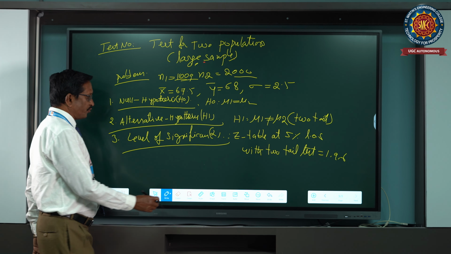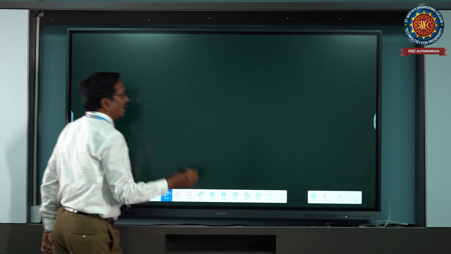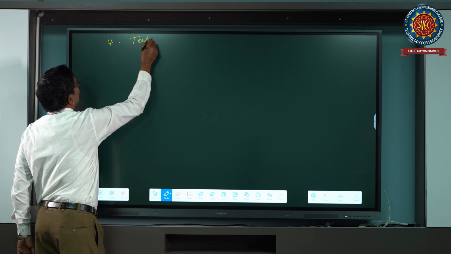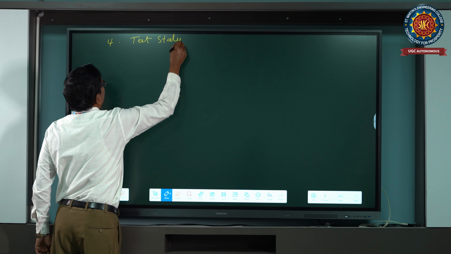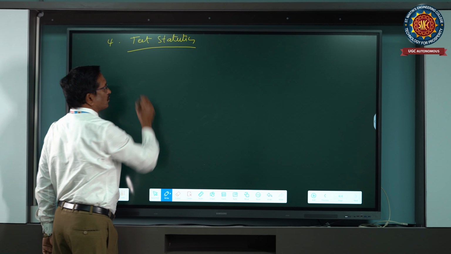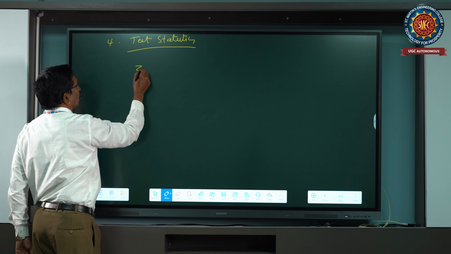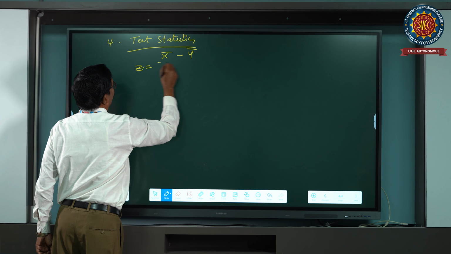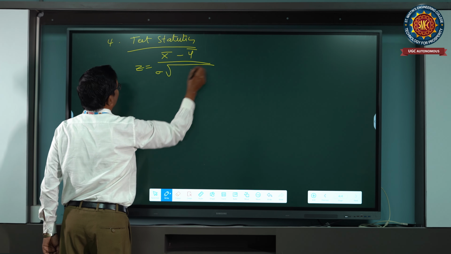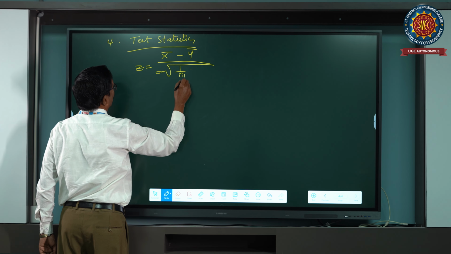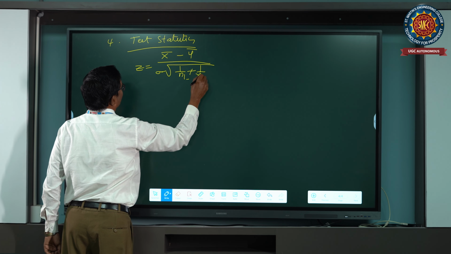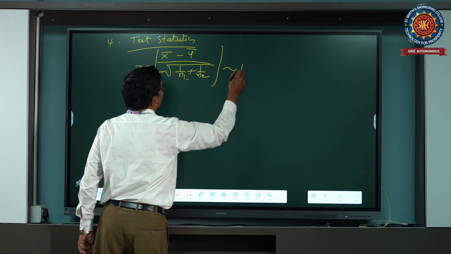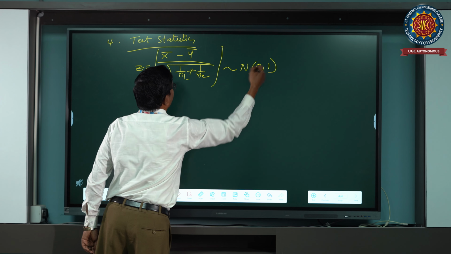The next step, step number 4, is the test statistic. In this test statistic, we use the formula Z is equal to x bar minus y bar by sigma root of 1 by n1 plus 1 by n2, which follows a normal distribution with mean 0 and variance 1.